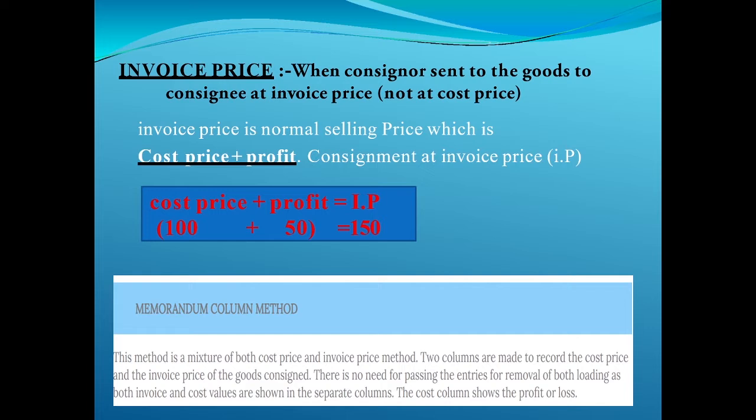Two columns are made to record the cost price and invoice price of the goods consigned. Then there is no need to pass any entries for removal of loading and unloading of invoice price and cost price. For these two columns, we will show separate columns, and profit will be shown in the cost column.